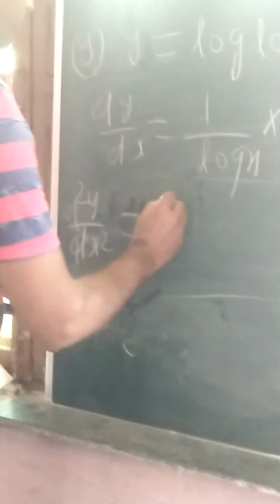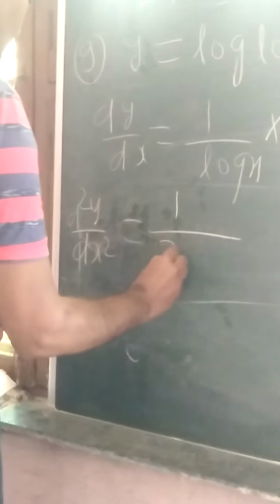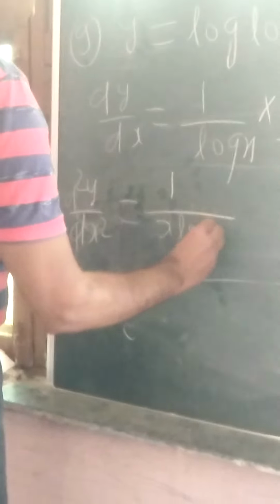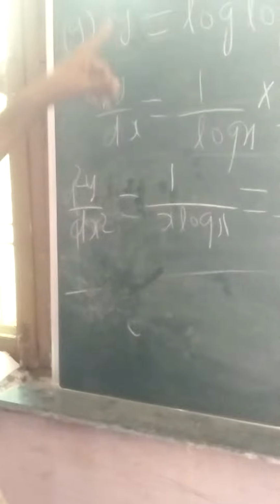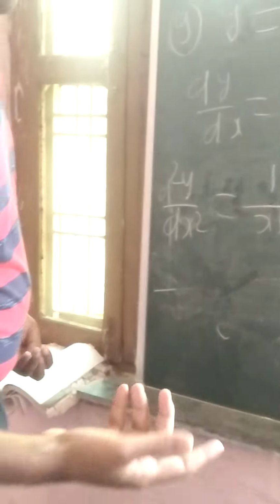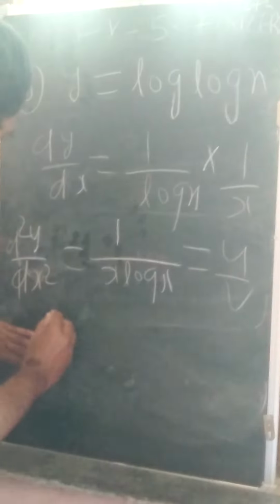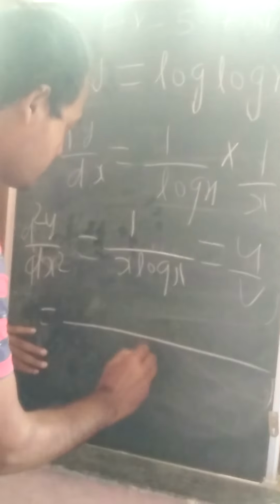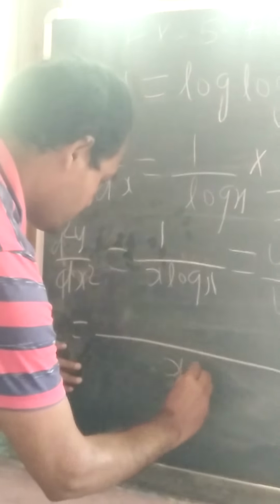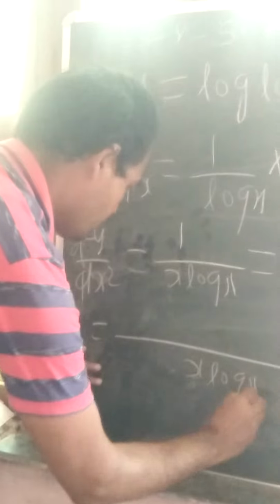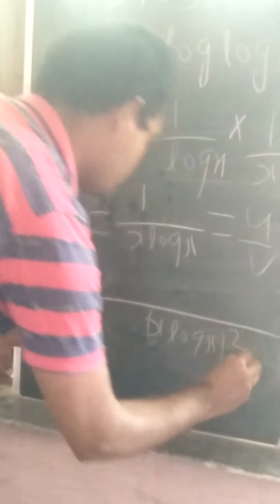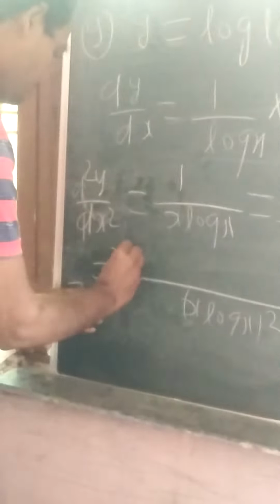We have also write this is 1 upon x log x. This is u and this is v. First of all, we have to write this is u, this is v. This is v square. V square means x log x whole square.